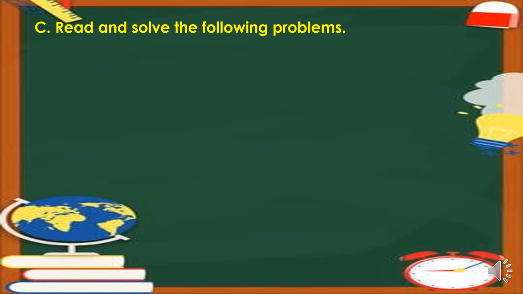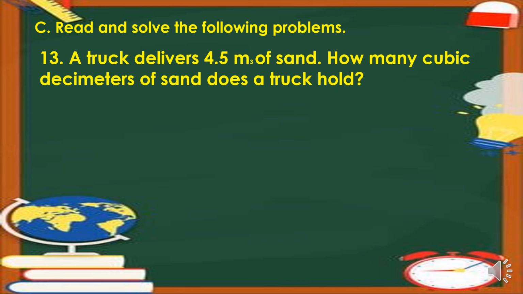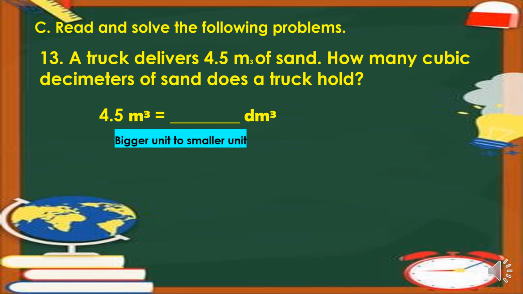Okay, to continue the activities, so for letter C, read and solve the following problems. So for number 13, a truck delivers 4.5 cubic meter of sand. How many cubic decimeters of sand does a truck hold? So we have 4.5 cubic meter is equivalent to how many cubic decimeter? So this is bigger unit to smaller unit.